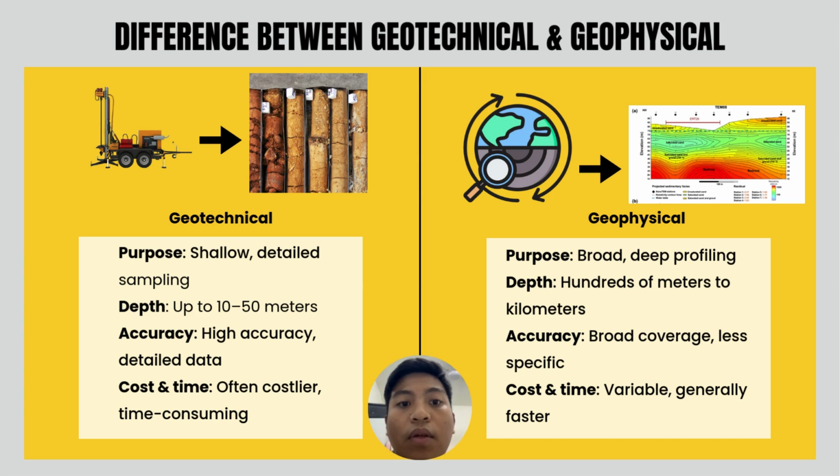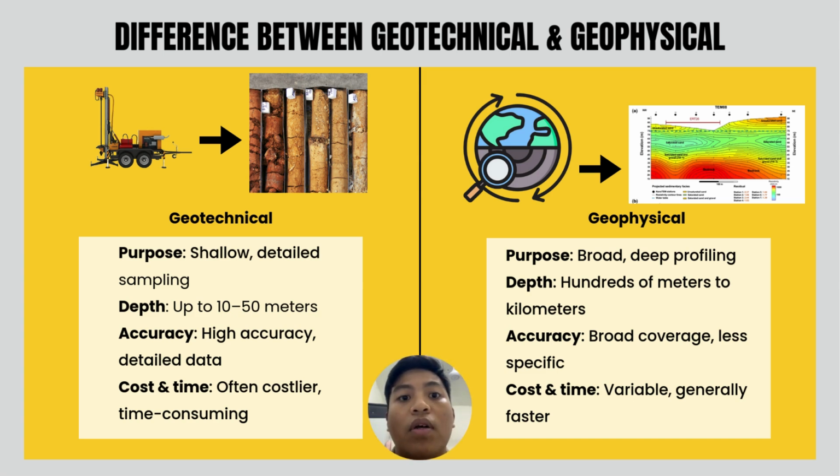So the third one is accuracy and detail. Geotechnical techniques provide high accuracy and detailed data from specific points because they physically sample the material. However, they only cover certain locations. Meanwhile, geophysical methods, while less specific, offer a broader picture of the subsurface and are useful for continuous coverage across a site.